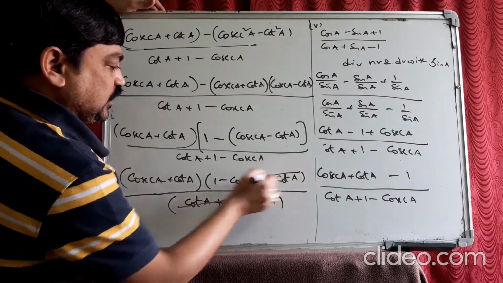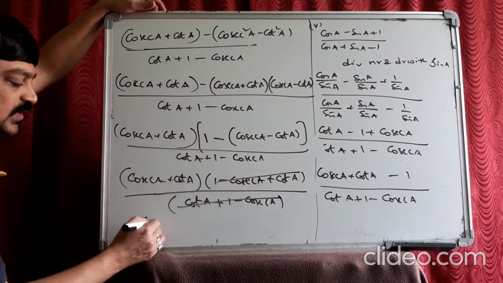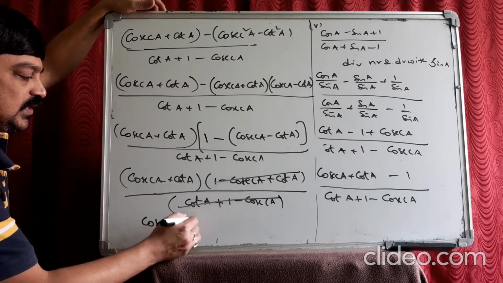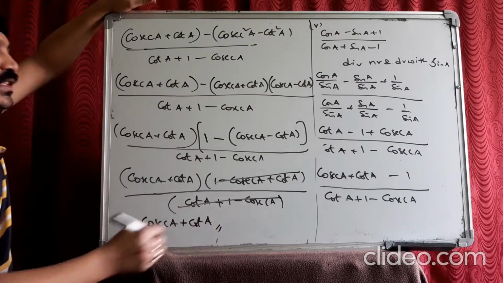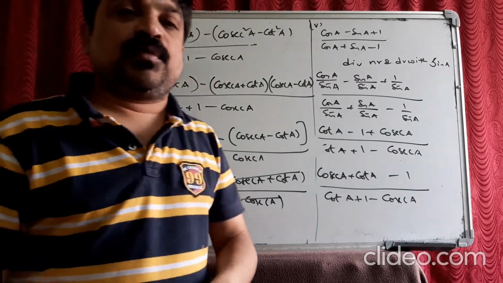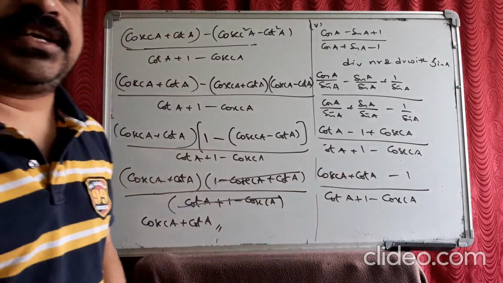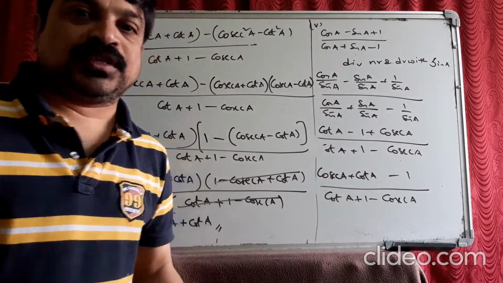You can cancel these two. So the answer is cosecant A plus cot A. The same type of problem is there in the example also in terms of secant and tan. You will do the same process.